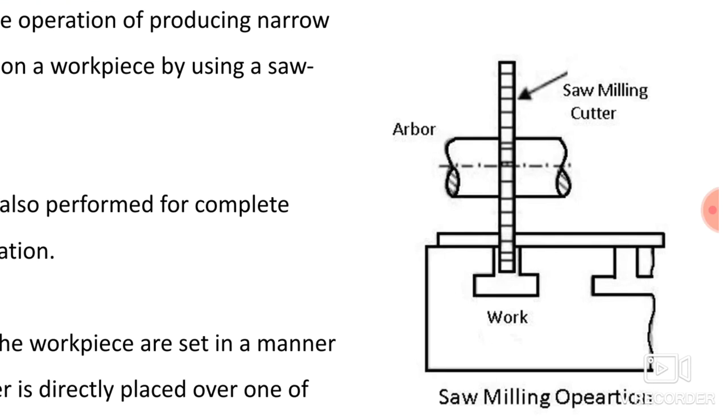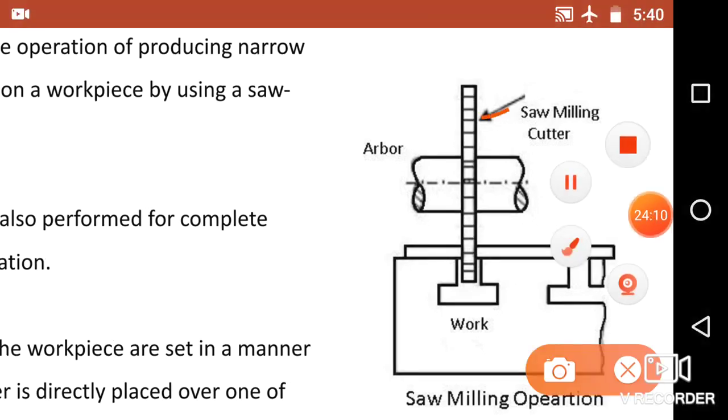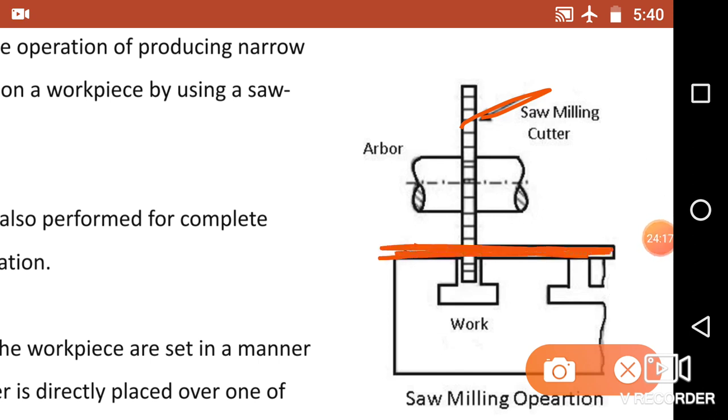So the cutter is mounted over the arbor, and this is the workpiece. So here I am showing this is your cutter, and this is the workpiece which is placed over the table. Now you can use this saw milling cutter for parting. You can break this workpiece into two pieces.